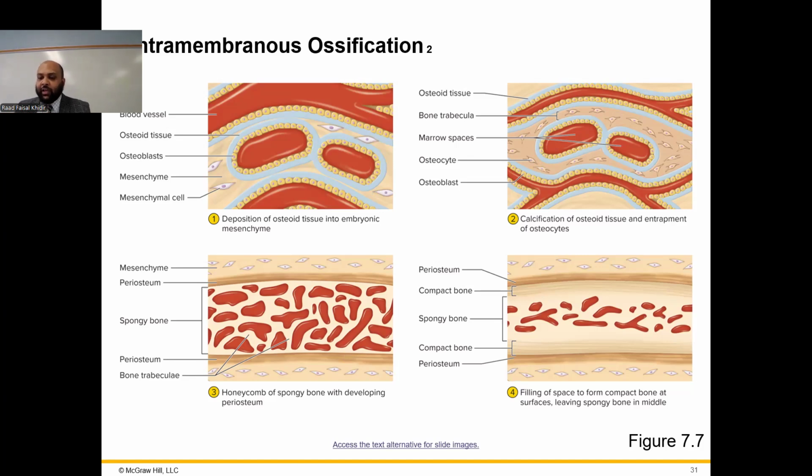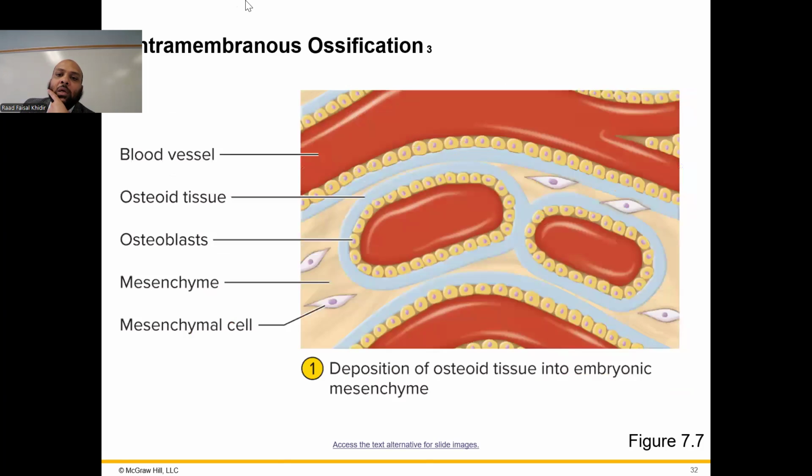There is a filling of space to form compact bone at surfaces, leaving the spongy bone in the middle. Okay, this is the blood vessel. That is the osteoid tissue, and that's the first step, deposition of the osteoid tissue.